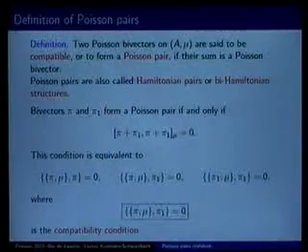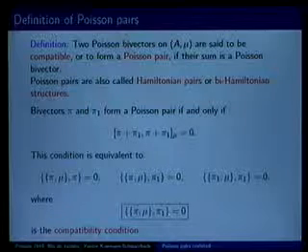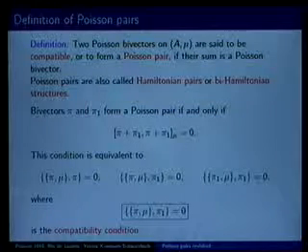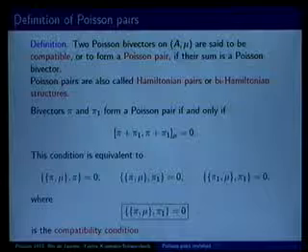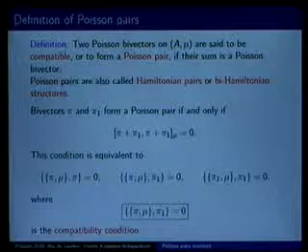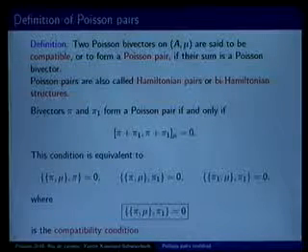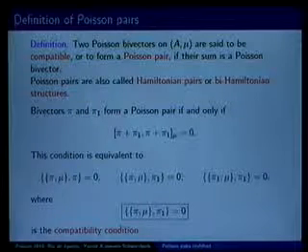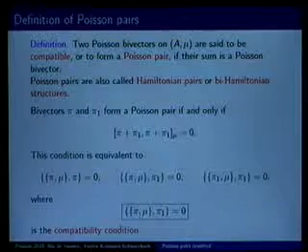Poisson pairs in the title, what are they? Well, I said it already a number of times. They are a pair of Poisson structures which we assume to be compatible in the sense that their sum be a Poisson structure. And that's a non-trivial condition, of course.